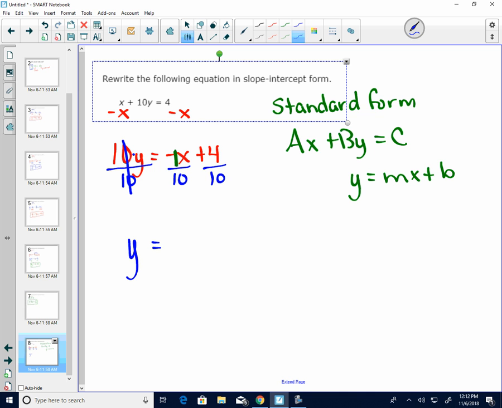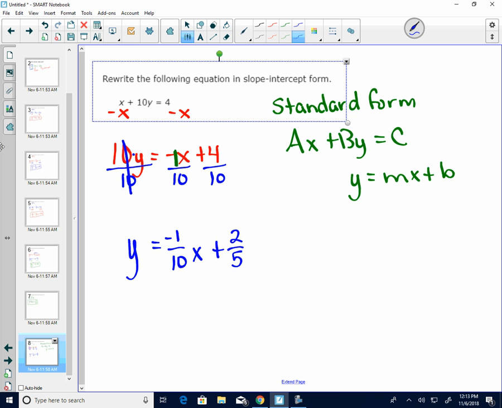So I want to turn that into a fraction, so I'm going to leave that as negative 1 over 10x, because remember, this is my slope. It tells me to go up, down, left, right when I'm graphing. So I want to leave it as a fraction. And then 4 over 10 would turn into a decimal, but we'll go ahead and leave it as a fraction and practice our reducing. And that would reduce down to 2/5.